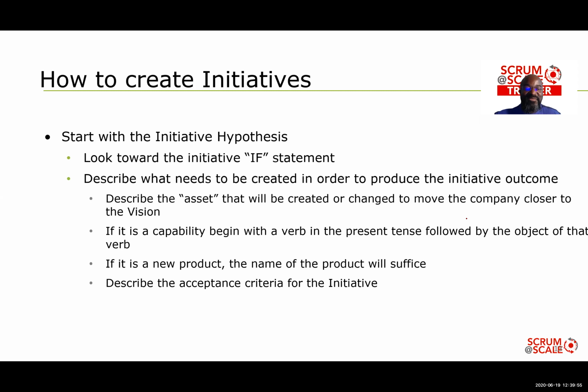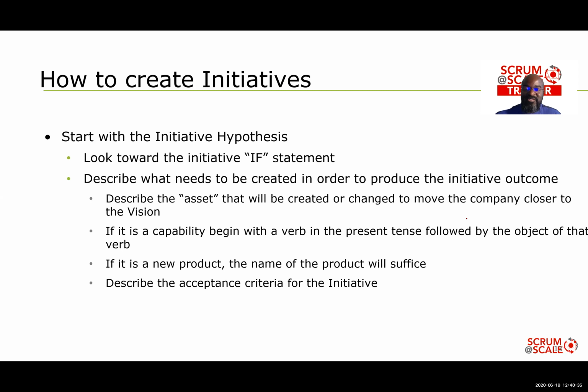The format I like to use, if it's a capability for the organization, is to have the capability in the form of a verb in the present tense, followed by a noun, which is the object of that verb, and then any modifiers afterward that are necessary. The point of view that I create the capability from is always that of the customer, because I want to be customer focused.